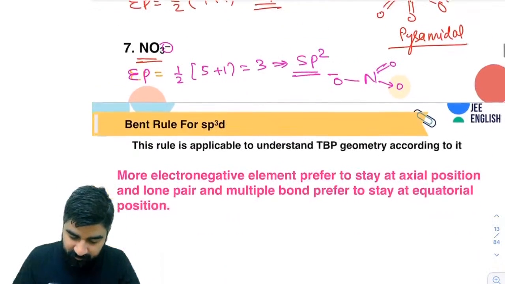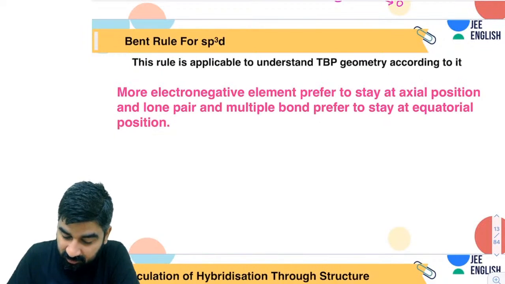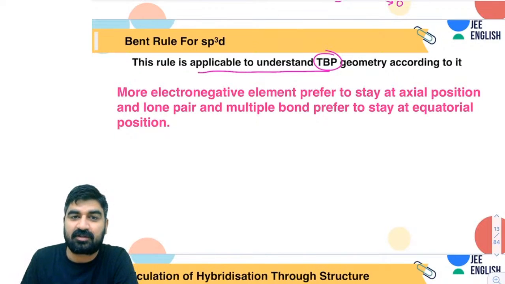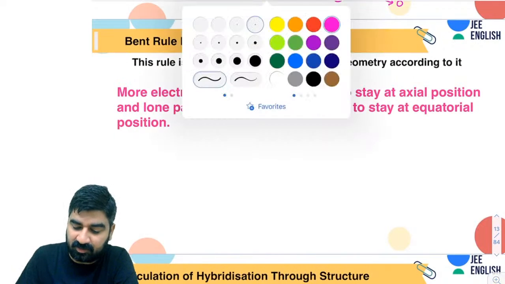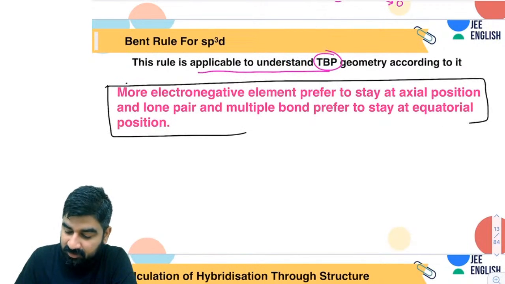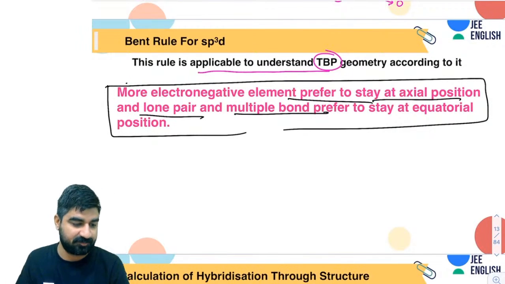So now let's move to the bent rule for sp3d. This rule is applicable to understand trigonal bipyramidal geometry, and according to it, always remember, we have already covered it: the more electronegative element prefers to stay at the axial position, and lone pairs and multiple bonds prefer to stay at the equatorial position.